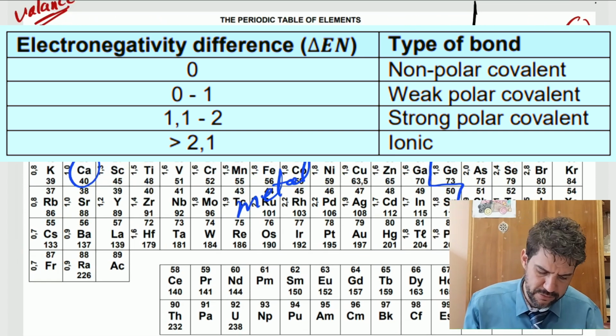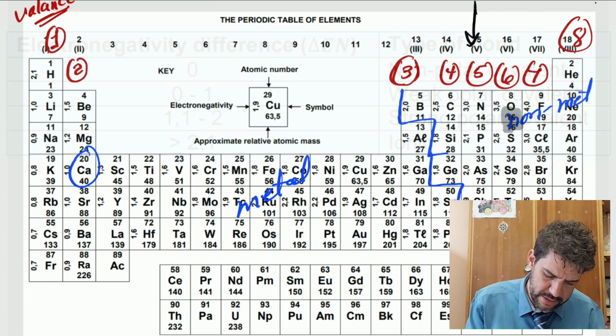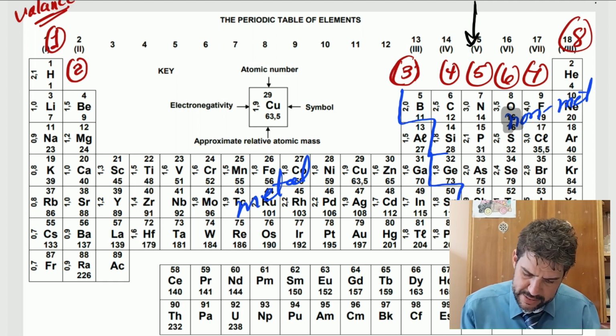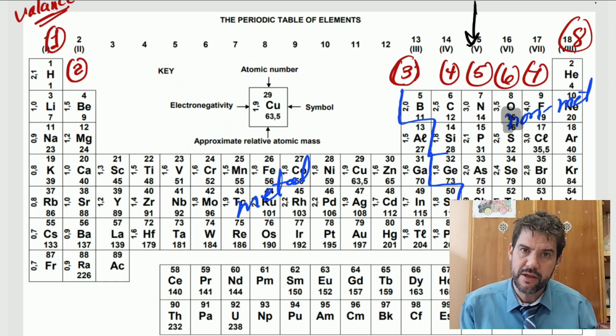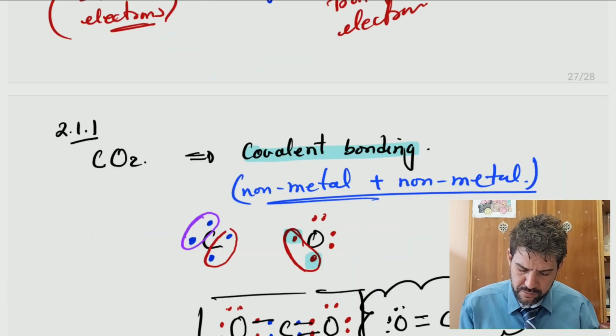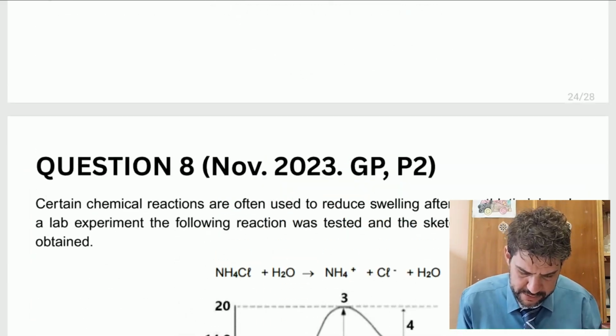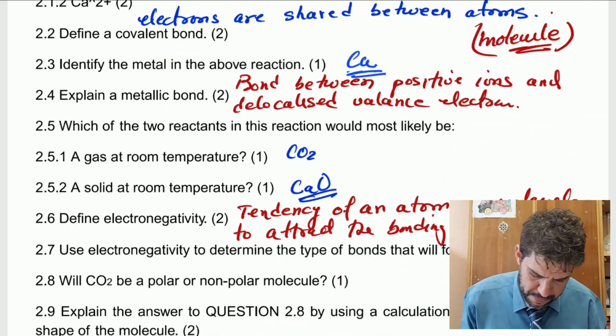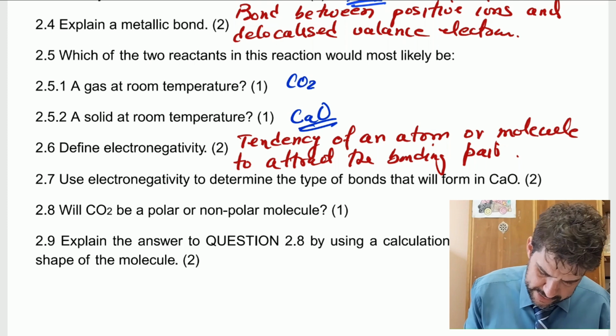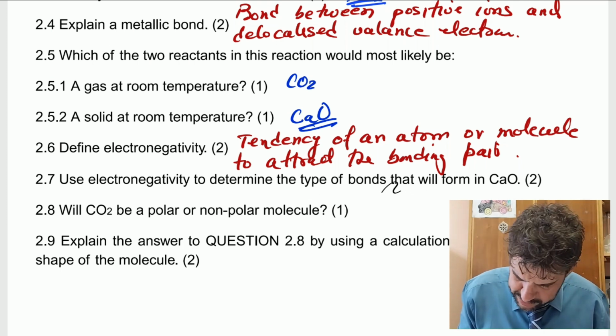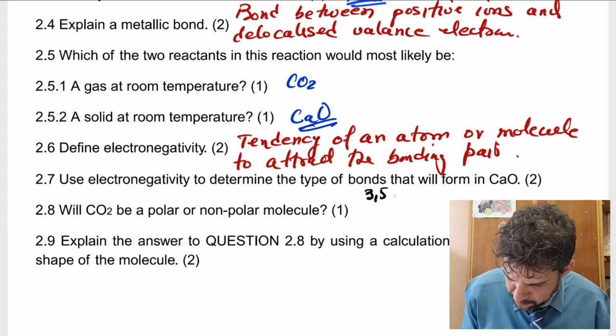So now here's calcium, which is 1. Let me see, I cannot see properly. It's 1, and then oxygen is 3,5. So the difference in electronegativity is 3,5 minus 1.